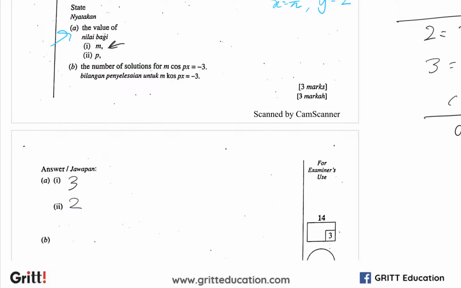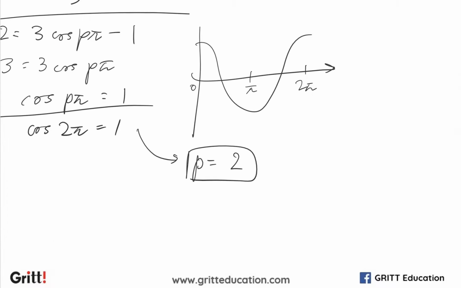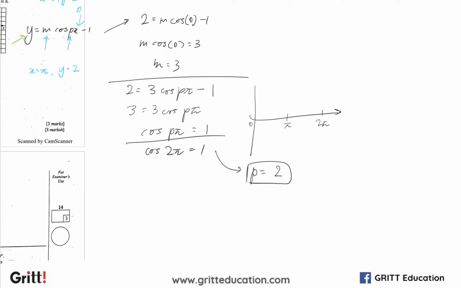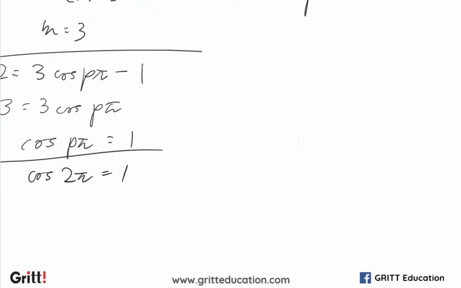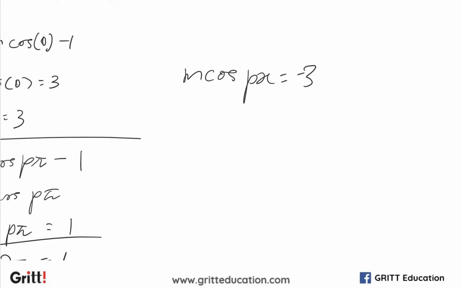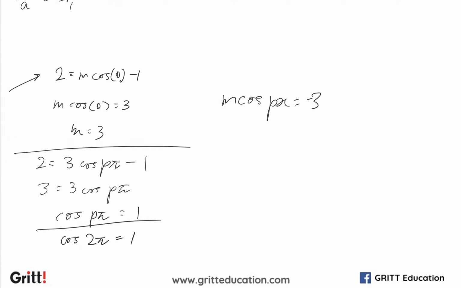Now, what about the last one here? The number of solutions for when m cos px is equal to negative 3. So m cos px equals negative 3. What I can do is put negative 1 on both sides.